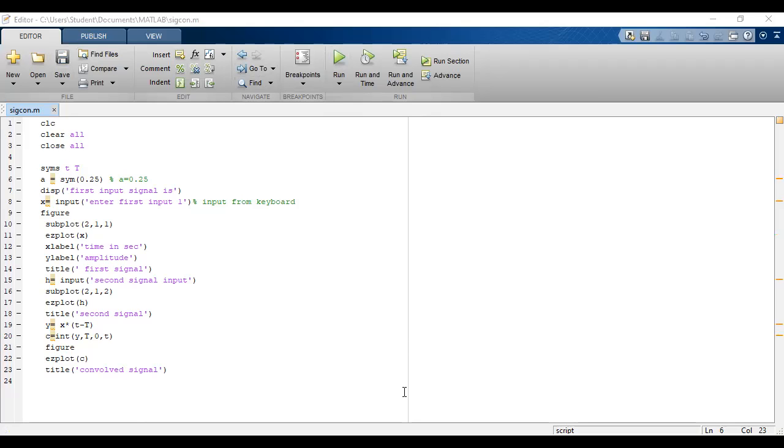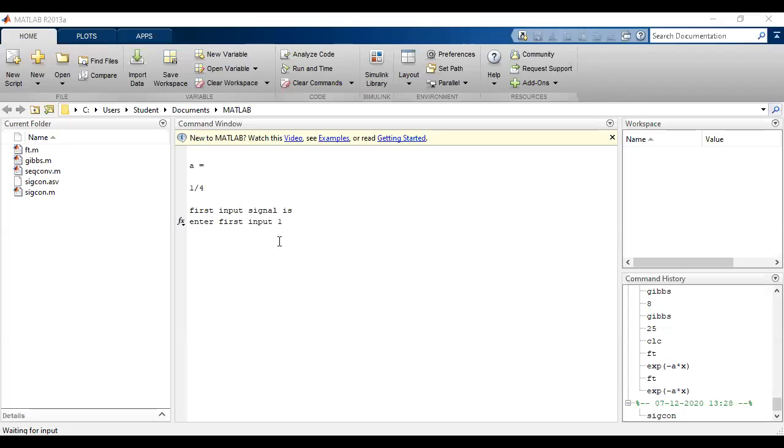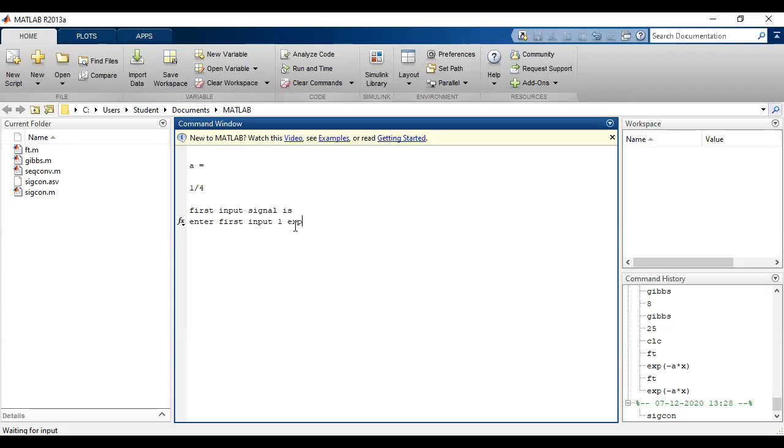So once you click on run, the command window will appear. In the command window, it will say: give input, enter first input. Here I show how I am giving input. Exp of minus a into t we have to give, but I am directly multiplying after replacing with dummy variables. e power minus a tau I am giving, but in theoretical calculations you do it for e power minus at into u of t, t into u of t.